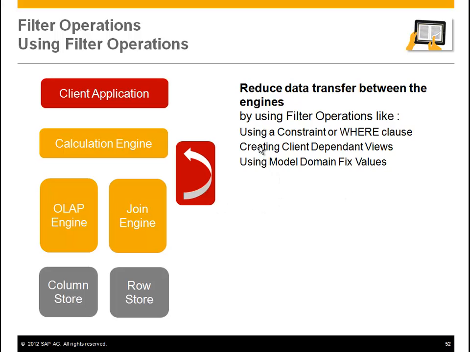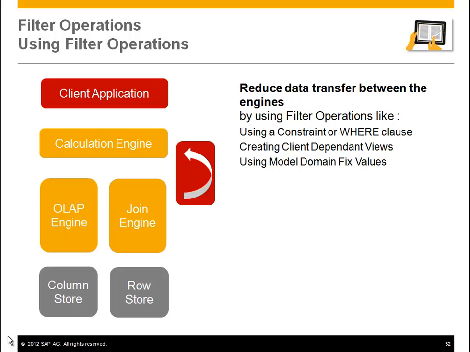As mentioned earlier in the course, one of the primary objectives of modeling here is to reduce the data transfer between the engines. So that can be achieved by using a filter, or you can use the where clause. You can also use client dependent views and model domain fixed values, which we're going to talk about later.